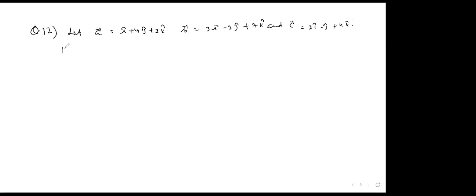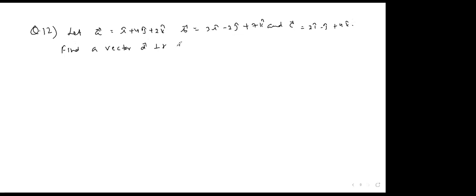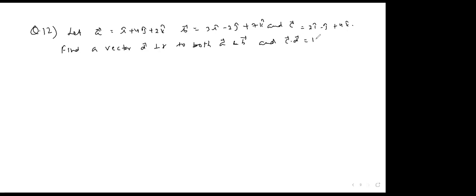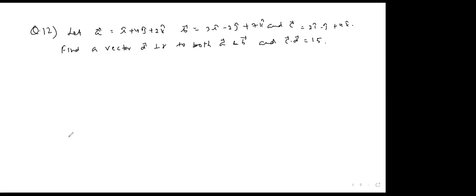We need to find a vector D which is perpendicular to both vector A and vector B, and C dot D equals 15. This is the question. I give you the roadmap of how you will do this question, and then you have to do it yourself.